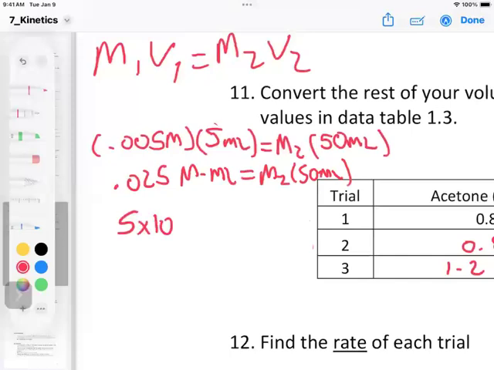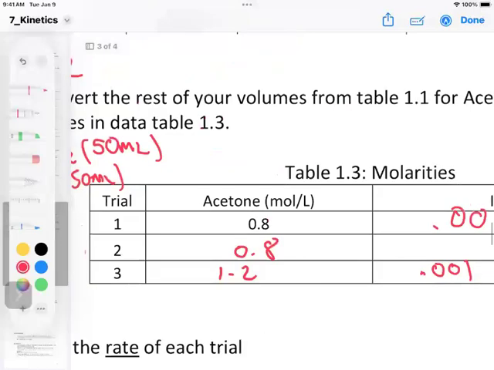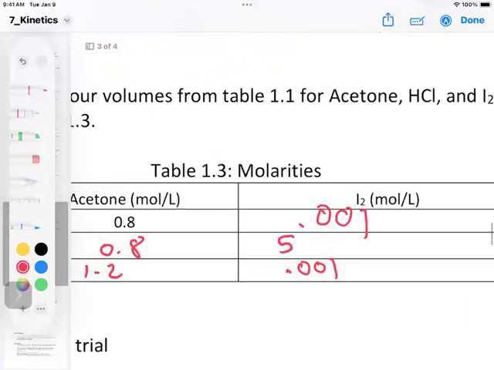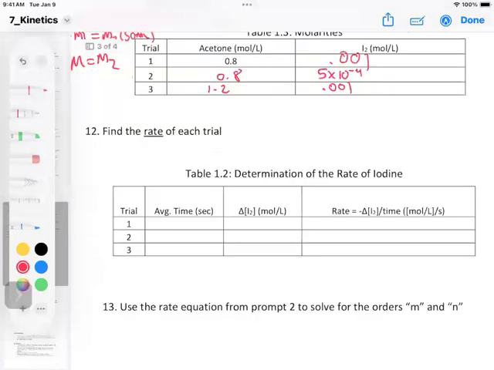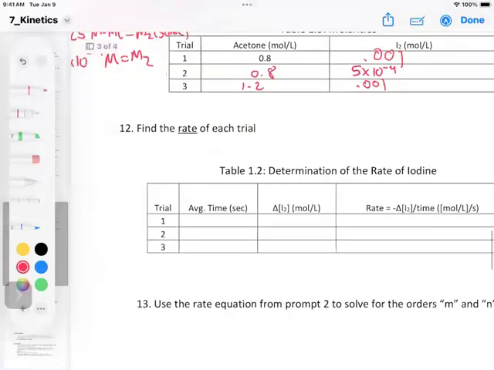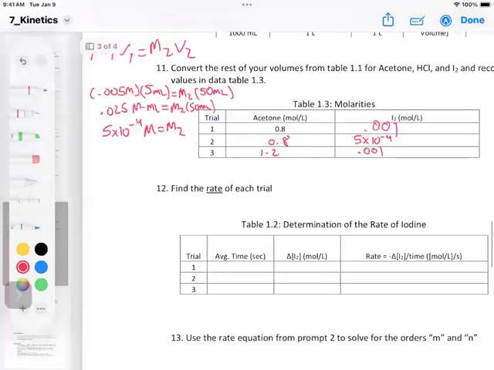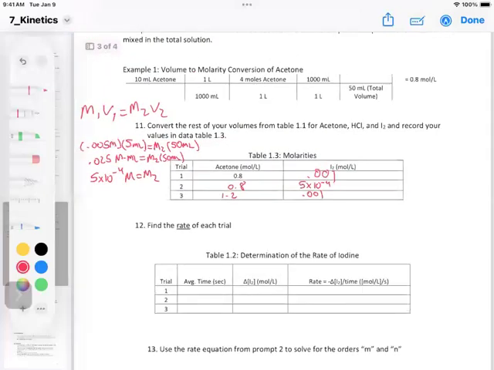Just give me 5 times 10 to the negative 4. Very small number there. So now we have the initial concentrations.